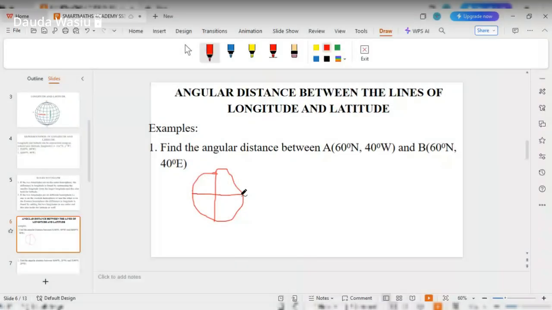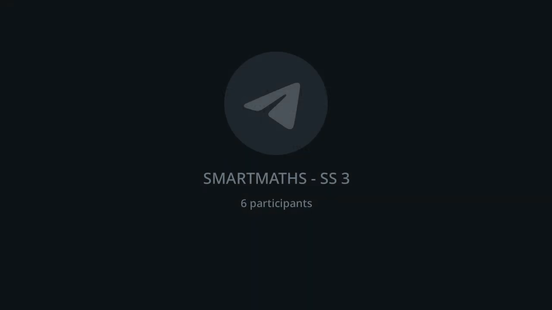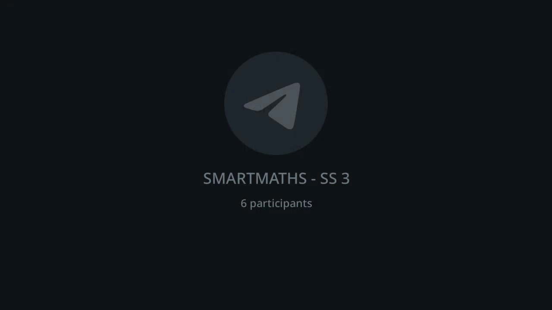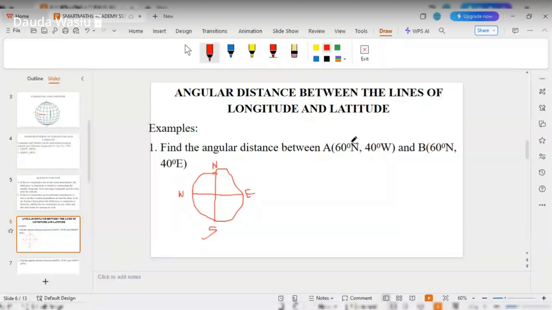Then we have the north pole here, the south pole here, then the west, then the east.